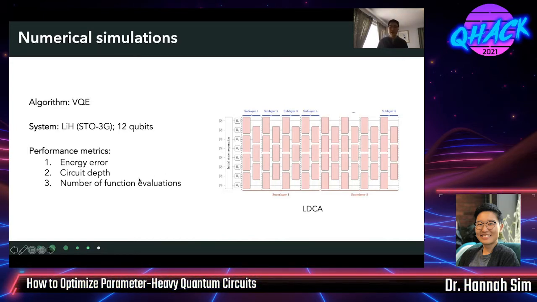And so to track the performance, we'll compute the energy error at the end, as well as the final circuit depth and the number of total function evaluations that it took throughout the entire optimization procedure to get a sense of how expensive this computation is.